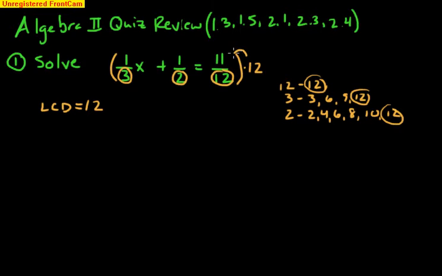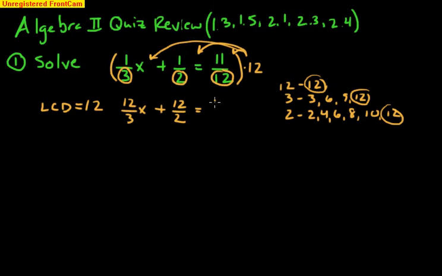When you do that, you multiply the 12 to the top of the fraction. You can think of it as 12 over 1, and it just goes to the top. So 12 times 1 is 12, and the denominator stays the same, 3. 12/3 x plus 12 times 1 is 12 over 2 equals, now here's the top, 12 times 11.